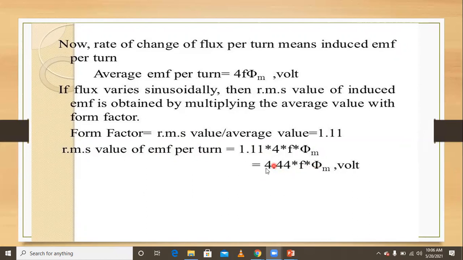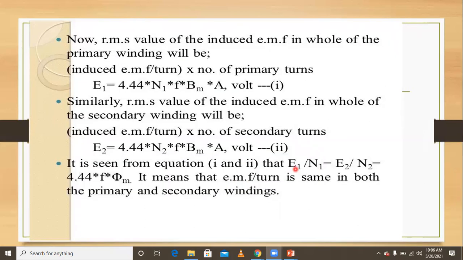For N turns, it is N into 4.44 into F into phi m. So the RMS value of the induced EMF in the whole primary winding will be induced EMF per turn into number of primary turns, that is E by N into N1. N1 and N1 cancel, then it becomes E1 only. So 4.44 into N1 into F into phi m.